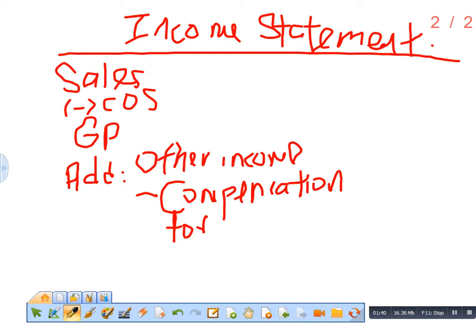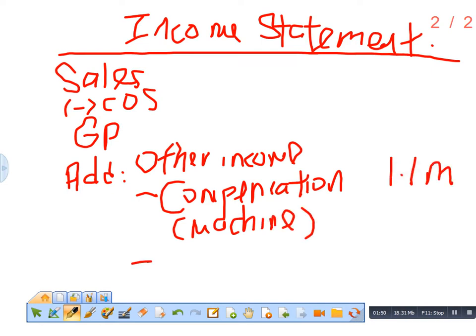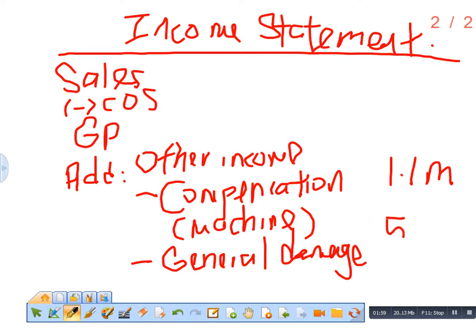Let's say I have these two compensations. One of the compensations is for the machine, 1.1 million, right? And then another compensation is for the general damage, and this is 50,000, right? Okay, so 50K. So now class, let's assume these are the two other incomes recorded in the company accounts.